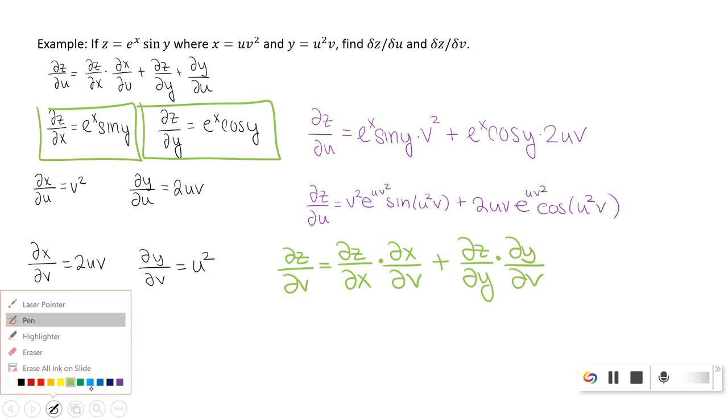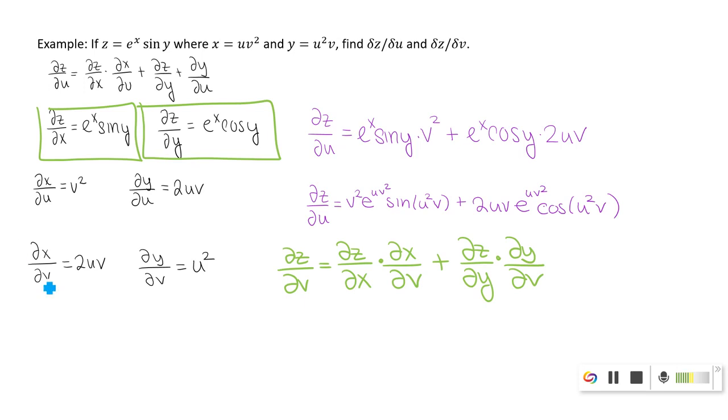So I guess the only thing new that I had to do here is find my dx dv. So again, x was uv squared, so I get 2uv. And then if y is u squared v, my derivative with respect to v is just u squared.